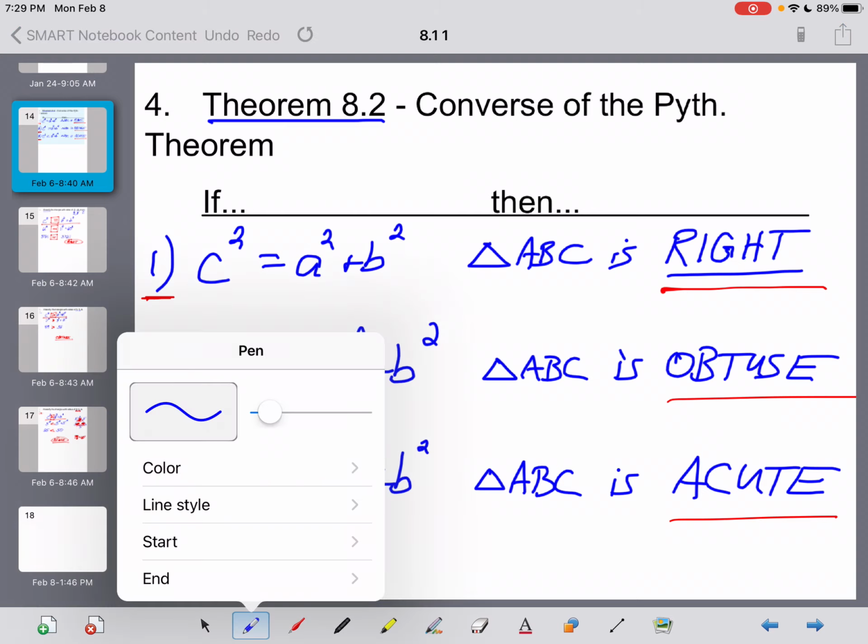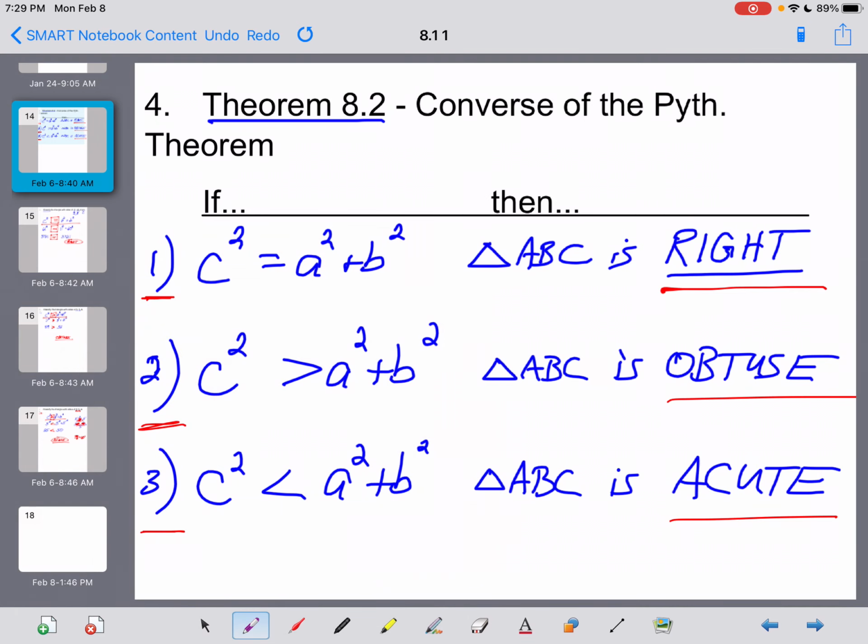And the reason I did this backwards, everybody, is because, at least to me, it makes sense that when your symbol here is greater than, greater means bigger or larger, that means we're dealing with an obtuse triangle with a big or large angle in it. And when that symbol is less than, we're dealing with something small, that's when we're talking about an acute angle.